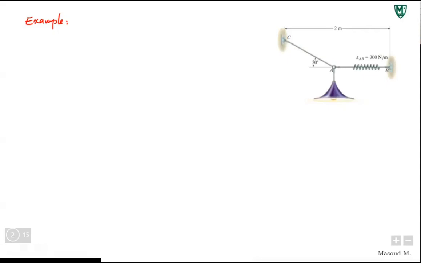This spring is horizontal, connected to ring A from one side, from the other side to the wall on the right side at point B. And we know the stiffness of the spring and the dimensions you see on this figure.